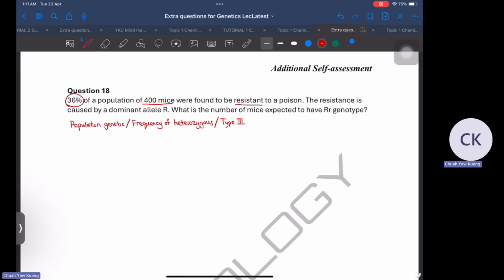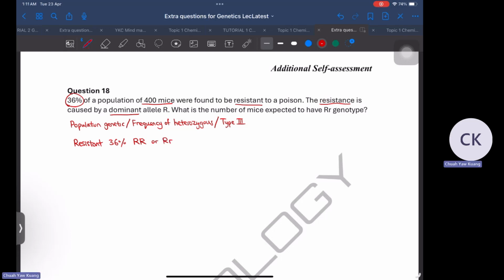The resistance is controlled by a dominant allele, so those that are resistant would be 36% of the 400 mice population. That means these 36% would be either homozygous dominant or heterozygous.